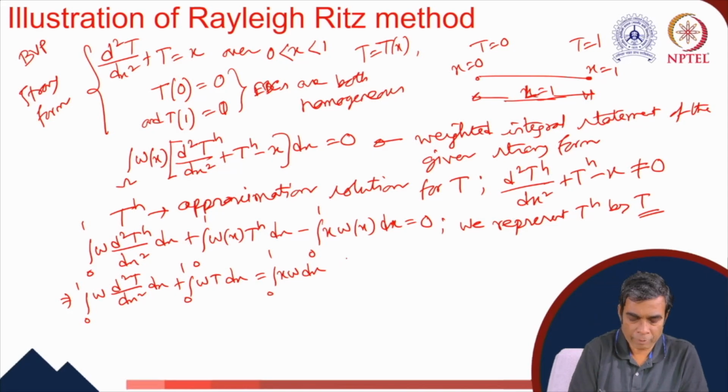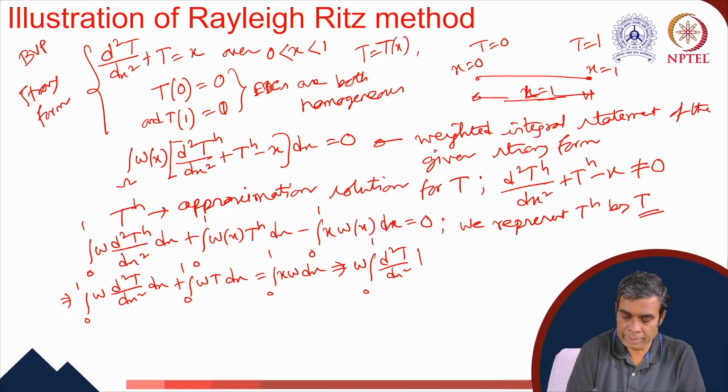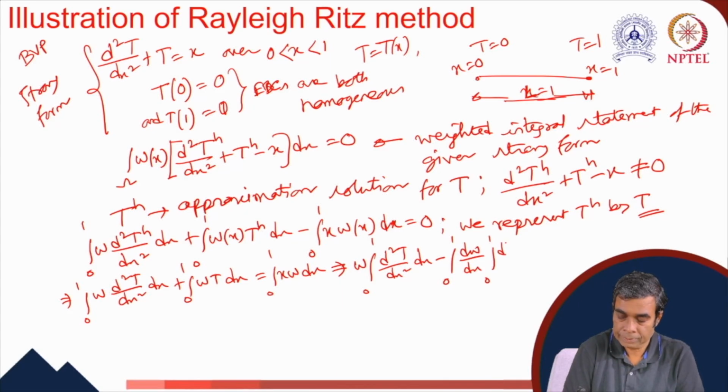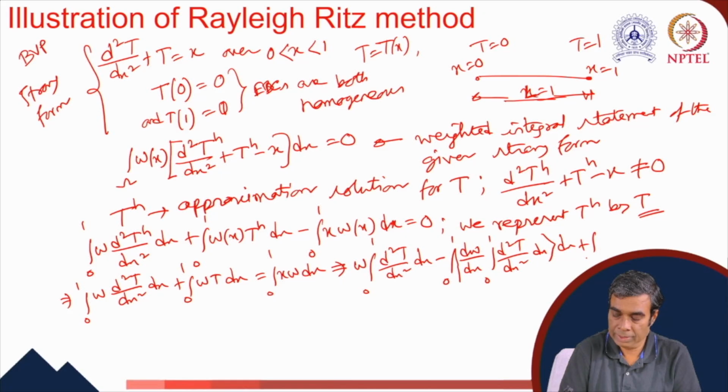Now, if we perform the integration by parts, first we get w into integration 0 to 1 d2T/dx2 dx minus integration 0 to 1 dw/dx dT/dx dx plus integration 0 to 1 wT dx equals integration 0 to 1 x w dx.